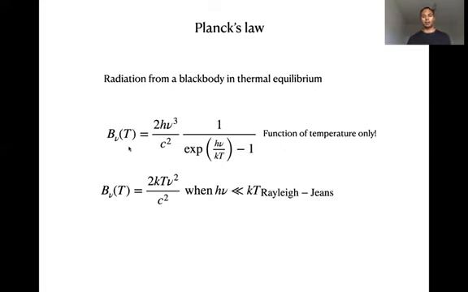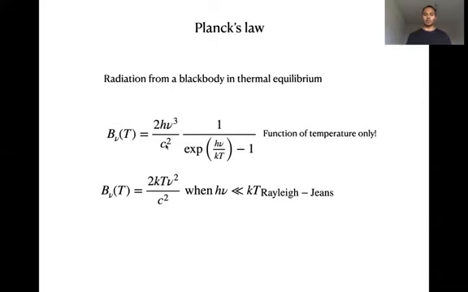And notice a pretty remarkable property here. There's only one argument, temperature, and nothing else. That's why this law is so fundamental, because the only parameter on the right-hand side is the temperature. Once you specify the temperature, this is a fully specified curve as a function of frequency. H is Planck's constant, so that's a constant, and c is the speed of light.